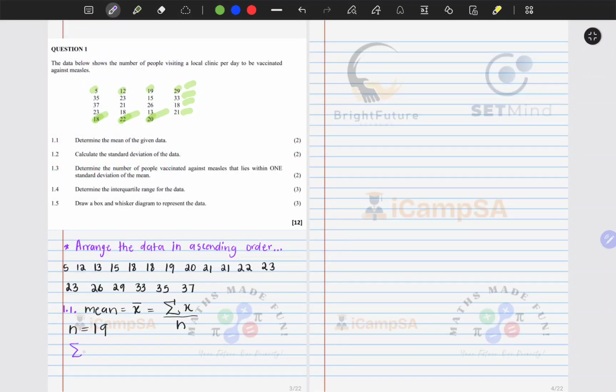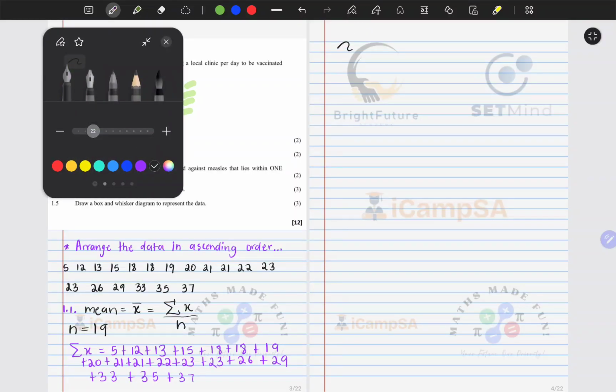So if we go ahead and work out the sum of x, you'll have 5 plus 12 plus 13 plus 15, plus the rest, which is 18 plus 18. Let me populate the others. Then let's put in the last three numbers: plus 33, then plus 35, and then plus 37.